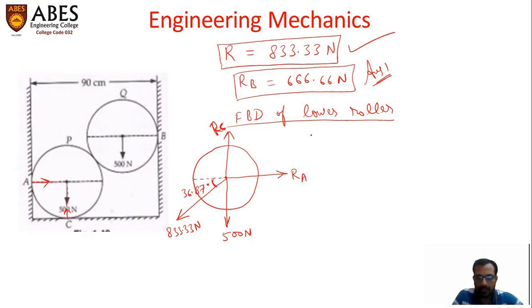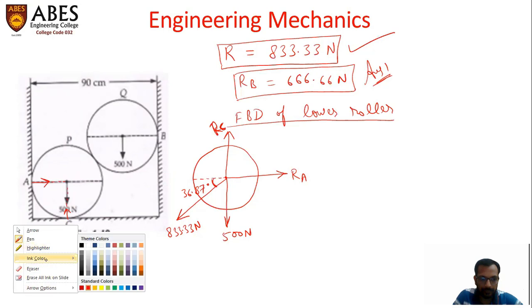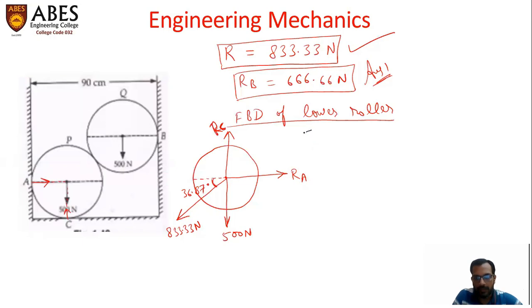Let's write the equilibrium equations for the lower roller. Sigma Fx equals 0. The summation of forces along the x-axis should be equal to 0.